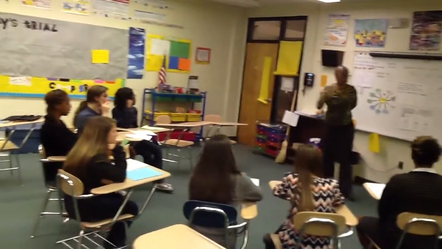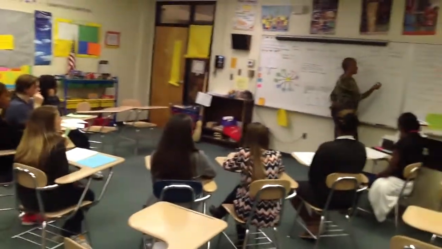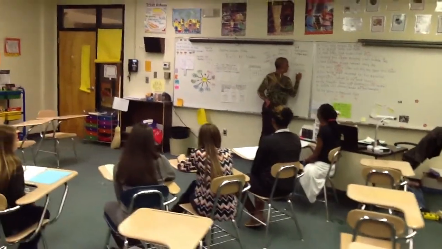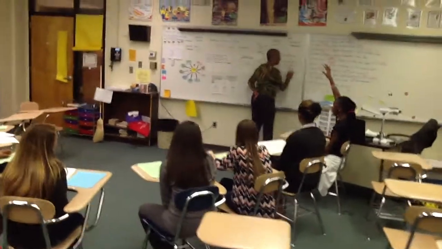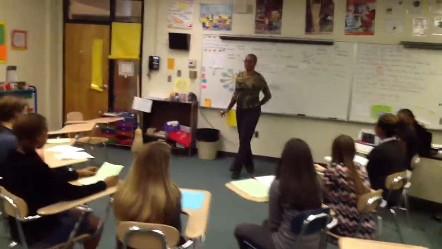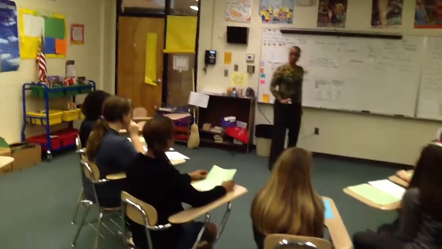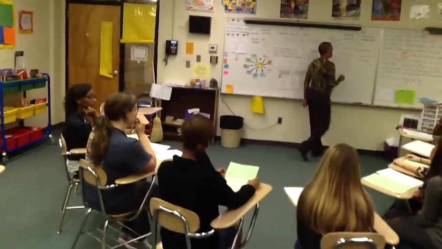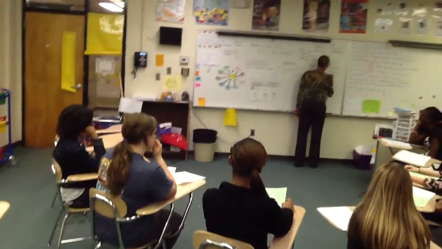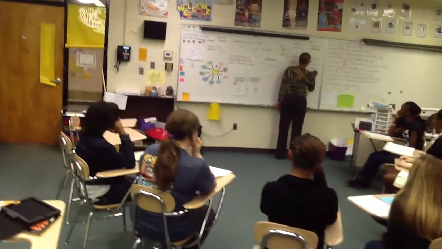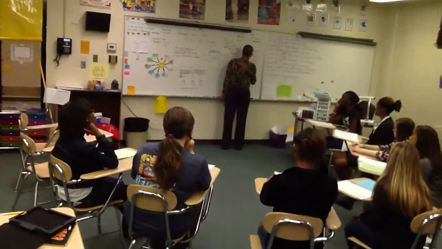Evidence. You made the assertion, and you're going to back it up with evidence. Where is this evidence coming from, class? From the text. It's coming from the book. So it's text-based evidence is what we'll call it.